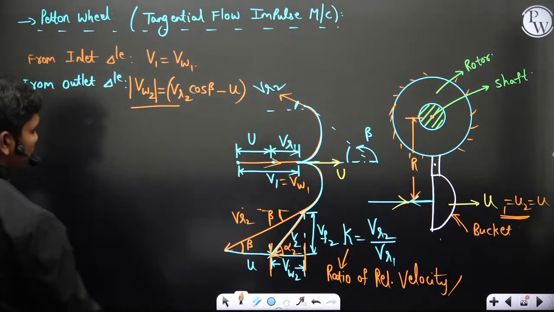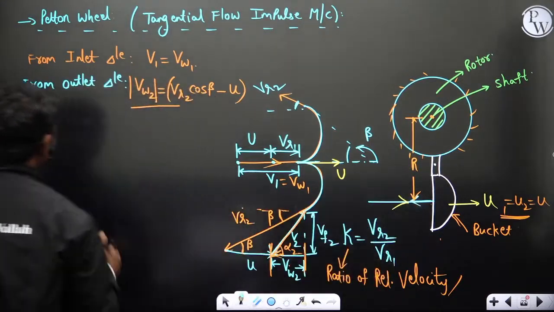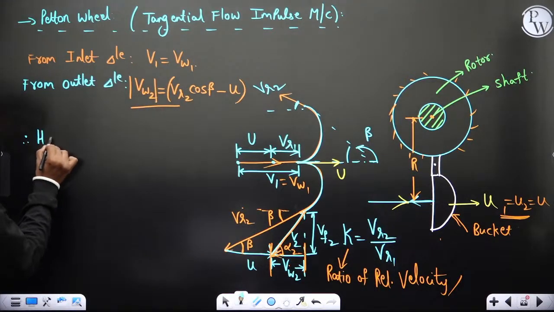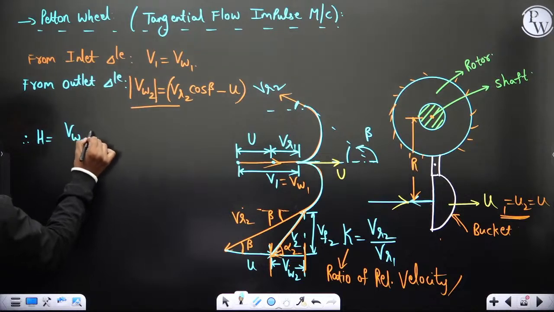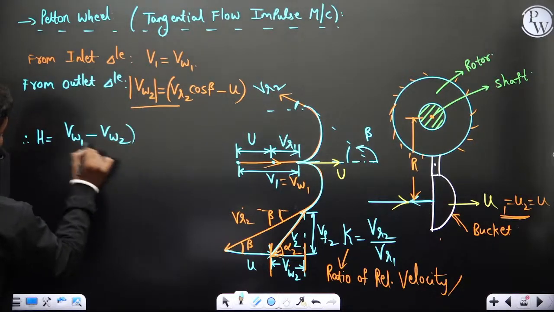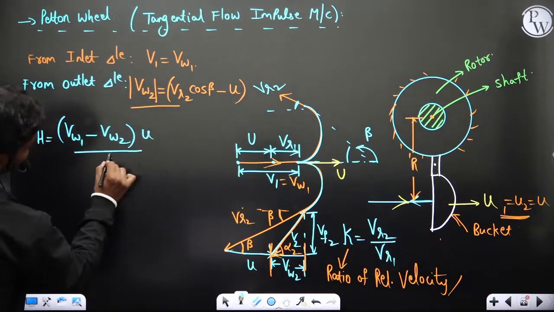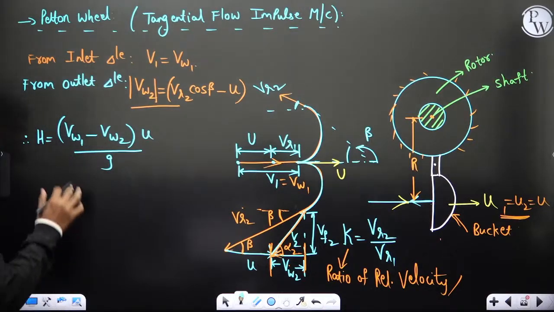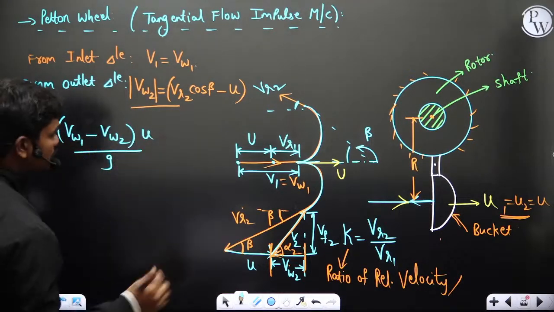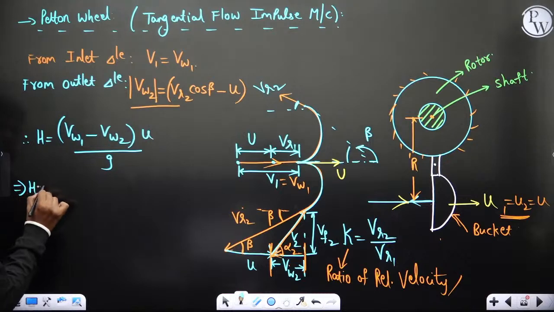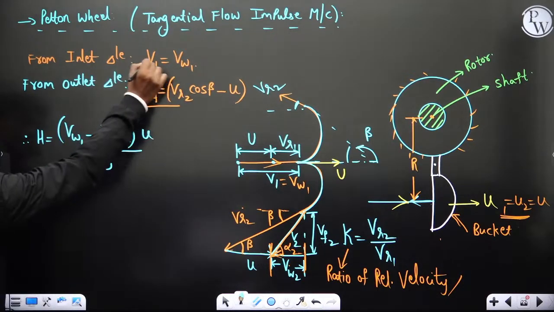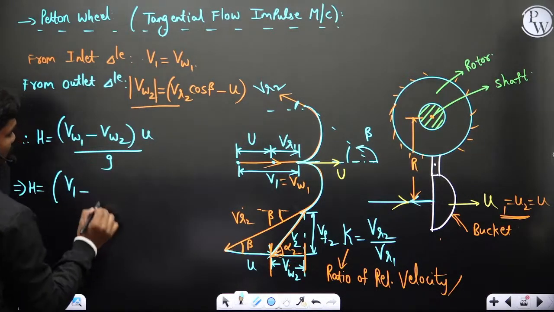Clear? Then let's see. Therefore, if you calculate the head developed, h is equal to (vw1 u1 minus vw2 u2) divided by g. In this case of a turbine, u1 and u2 are the same, so this is divided by g. This is the head which we have derived from the basic Euler's equation. So h is equal to v1, because vw1 is the same as v1 from the inlet angle, minus vw2.